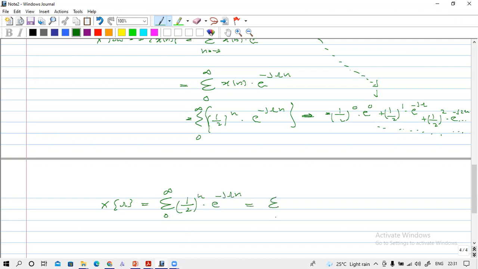So this can be written as, this n and this n is common, so you can write the term this way.